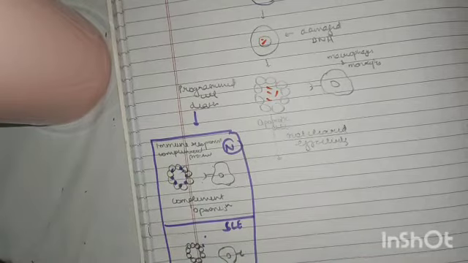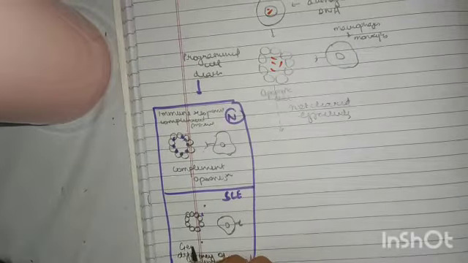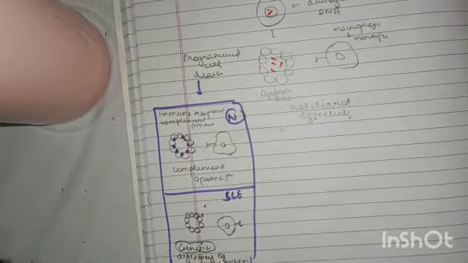But in SLE, what you will see is a deficiency of complement proteins. So no opsonization will occur. It is a genetic deficiency, which is why I mentioned it in the etiology.